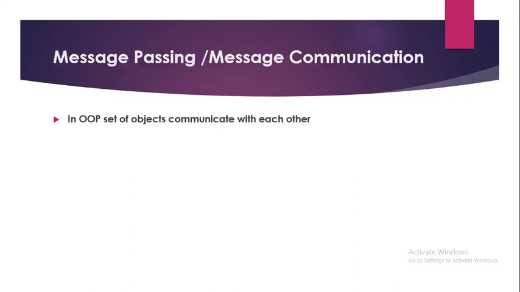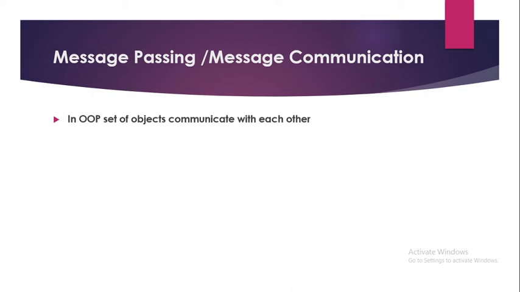Now message passing, or you can say message communication. The main idea of object-oriented programming is to have multiple objects so that the programming task becomes easy. It is easy to design data and code for each object by focusing on the object.